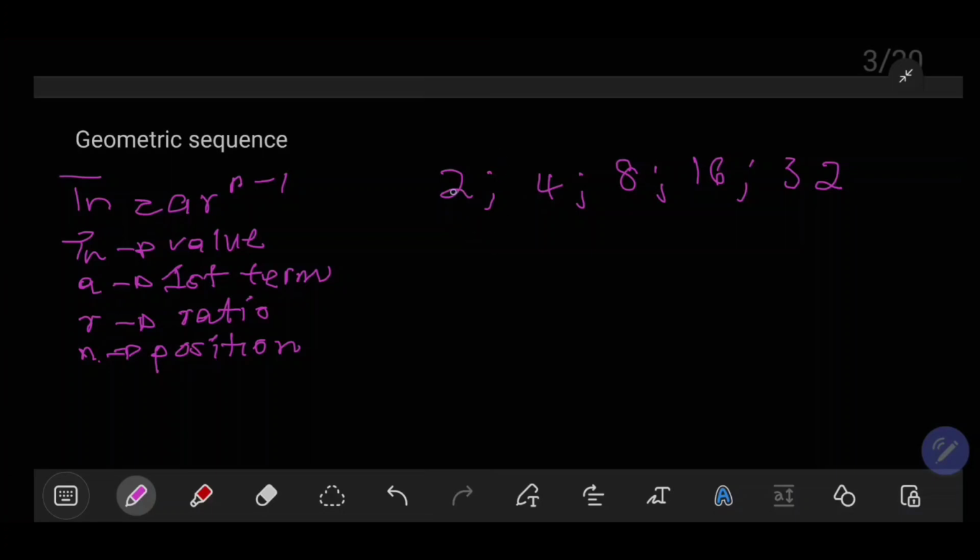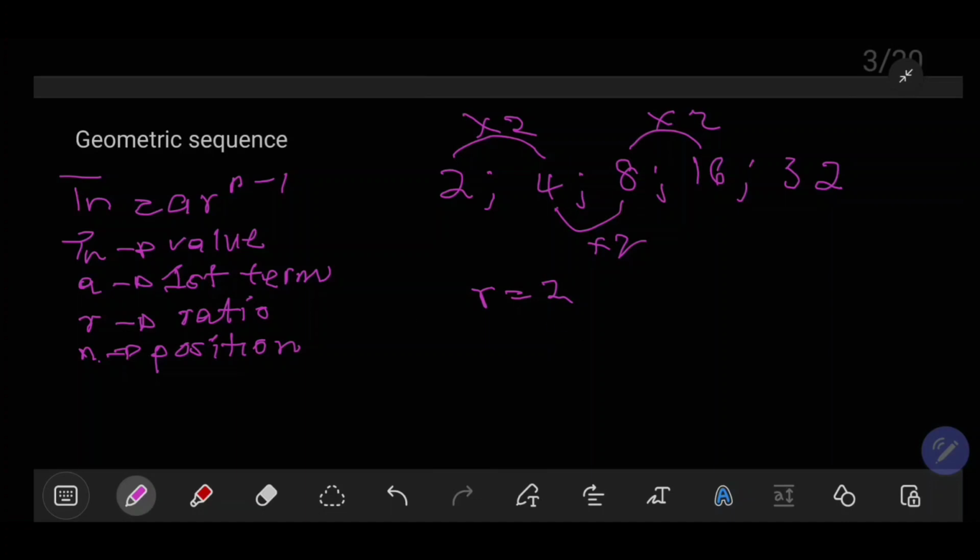You can see the trend that when we move from this term to this term, we multiply the previous term by 2. We also multiply the previous term by 2, and that is how the pattern grows. So it means that 2 is our common ratio.